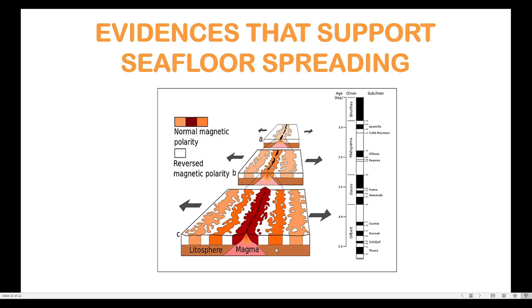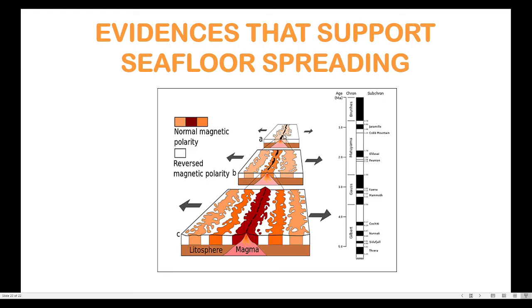Let's have a better look at the reversals as shown in the lithosphere. As we can see here, the normal magnetic polarities are shown by the colored strips, whereas the reverse polarity is shown by the color white. If we start at this letter A, we have this pale orange color here.